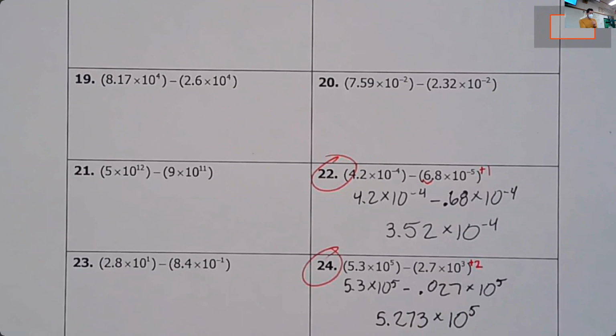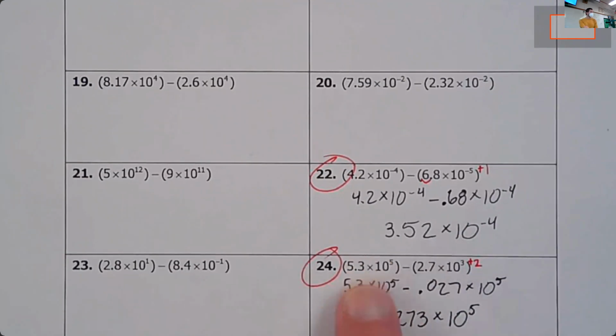Now, if you decided to move the decimal 2 spaces to the right on this one, that's fine. You get 530. And 530 minus 2.7 would be 527.3, which then you just move it 2 more to the left to add on a couple more exponents. So either way, you should end up at the end with 5.273 times 10 to the 5th power.